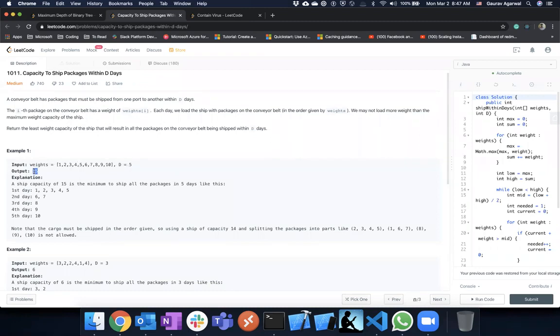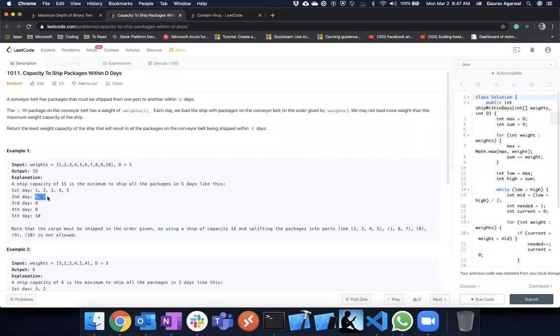Output is 15. Number of days is 5. We have packages 1 to 10, and the explanation is: on the first day, if we put the first 5, which sums to 15, we can ship these 5 packages on day 1.